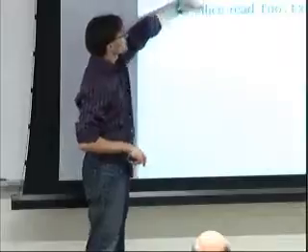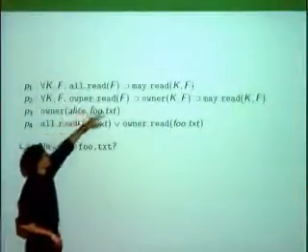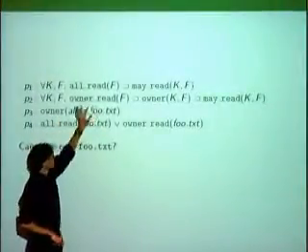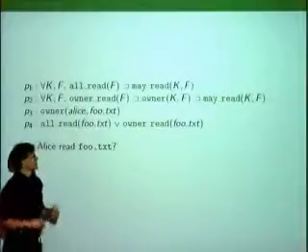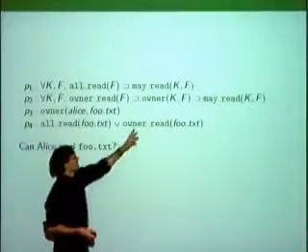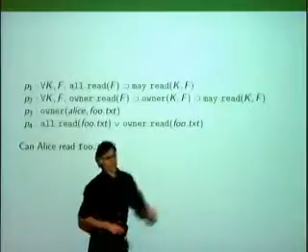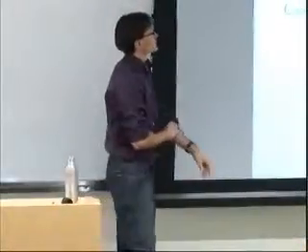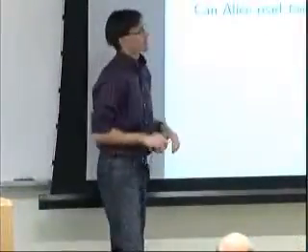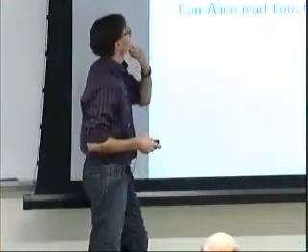The second statement says, if the file has owner, only the owner can read it, and k is the owner of f, then k may read f. So these are pretty simple things you might expect to encode in some kind of basic file system security policy.